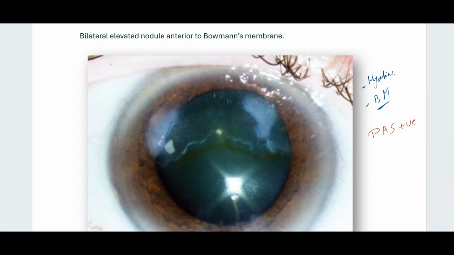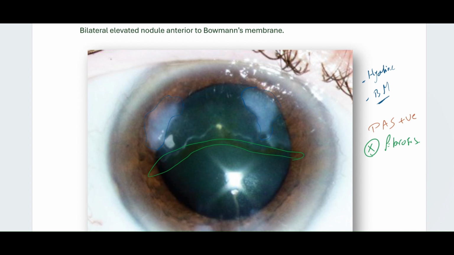And usually it's not associated with fibrosis. It might be associated with iron lines, and it's avascular.